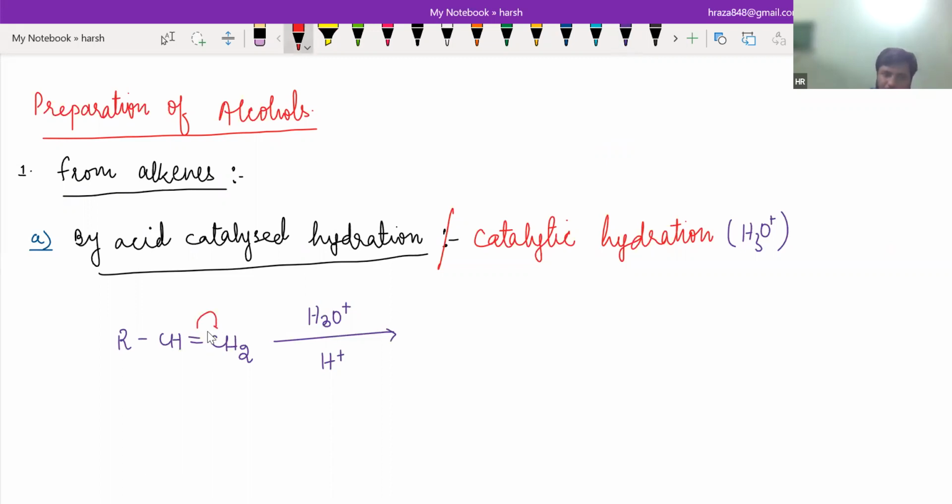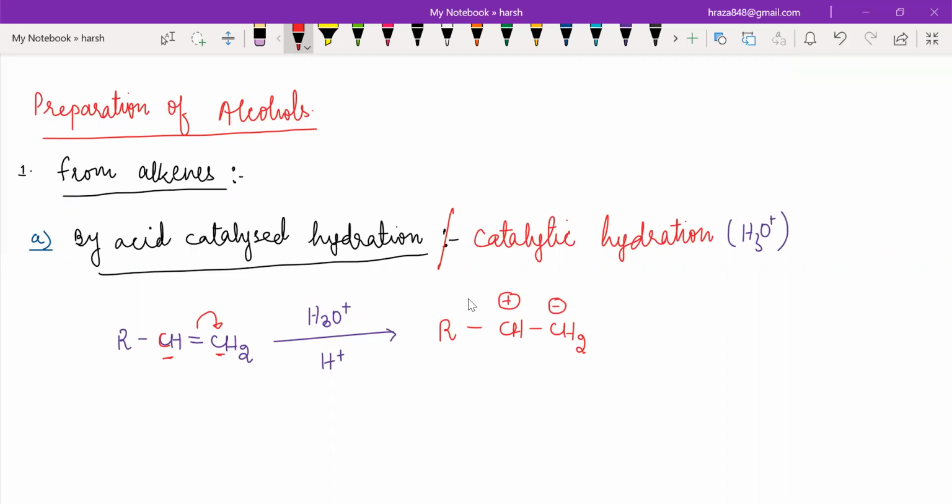It will move, same electronegativity. So it will be like this. The double bond will now be a single bond. And since the carbon on the right-hand side withdraws electrons from the left-hand side carbon, here it will be negative charge, and here it will be positive charge. Is that clear?